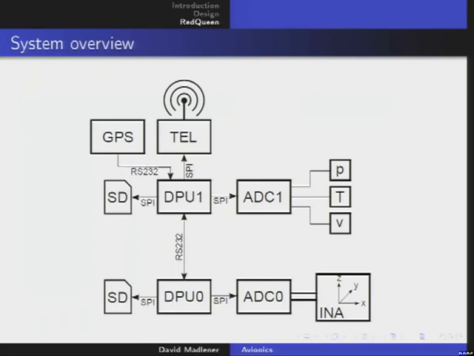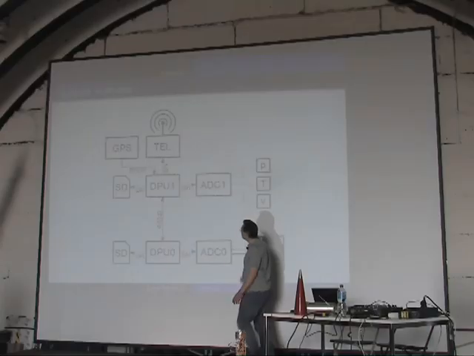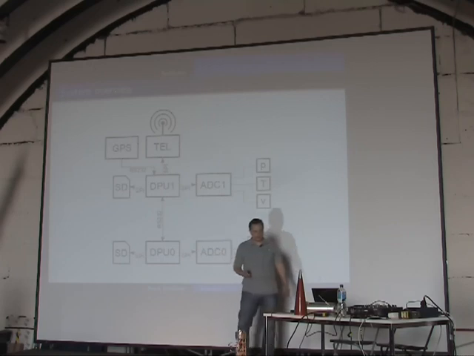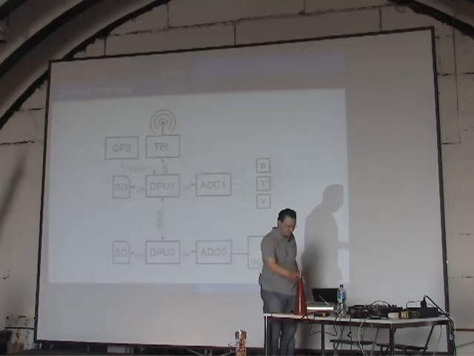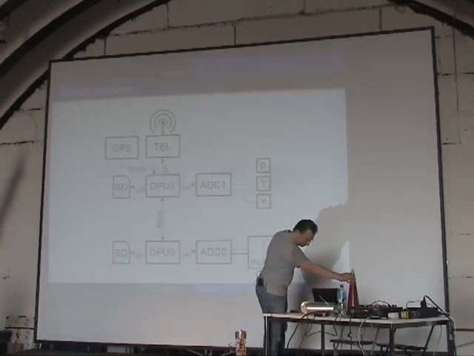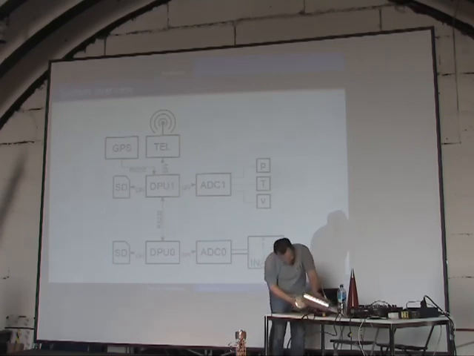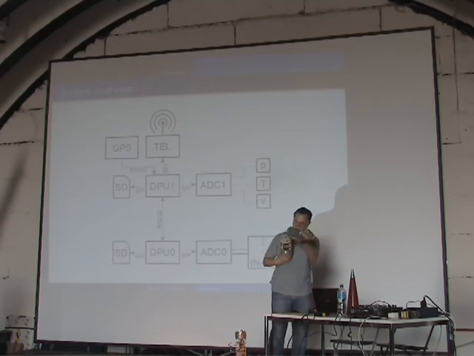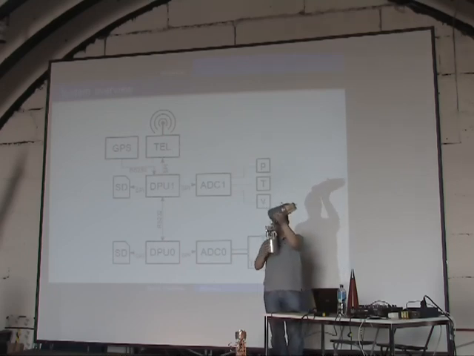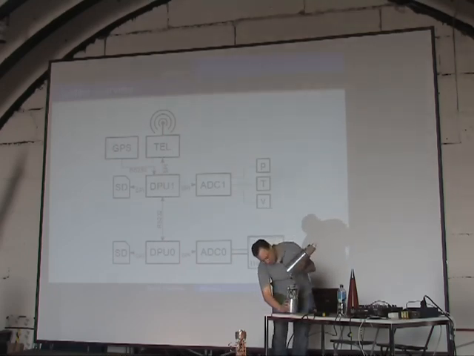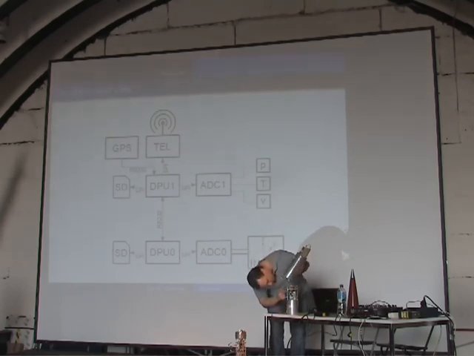The problem is sometimes you don't find it in the rocket. So we made the following compromise. We built into the tip of the rocket, this is the tip, the nose, another subsystem. These two boards here, this is the DPU, and this is the second analog digital converter.